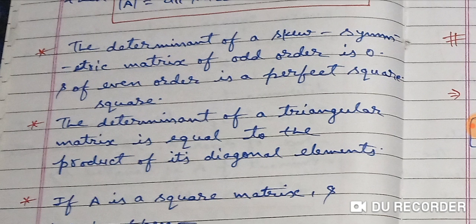Similar to a diagonal matrix, there are two types of matrices which are in one category known as triangular matrix. In this triangular matrix there are two particular types: one is upper triangular matrix and the second is lower triangular matrix.